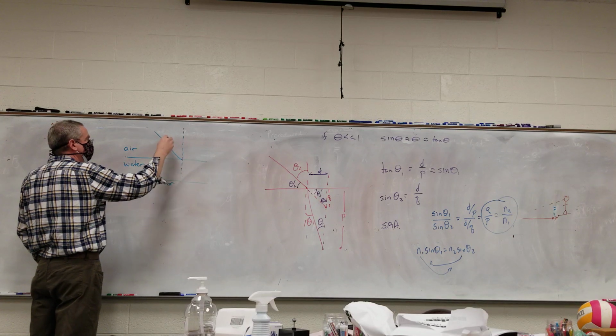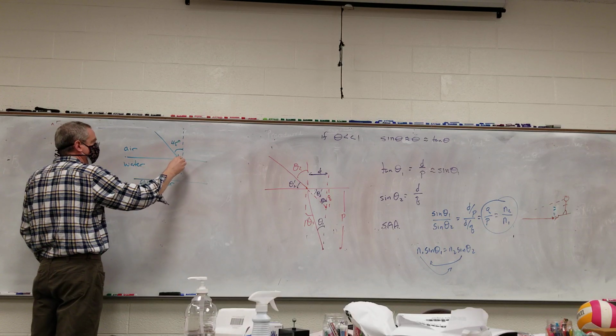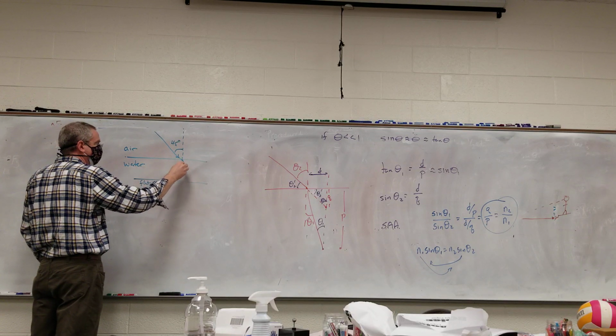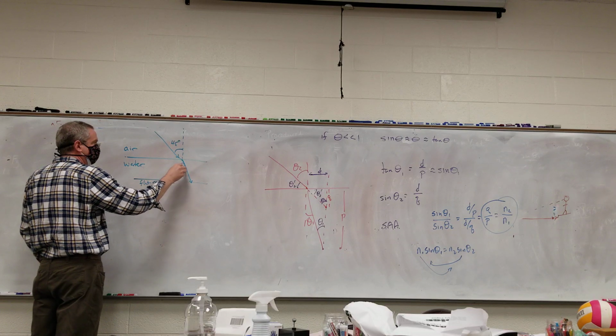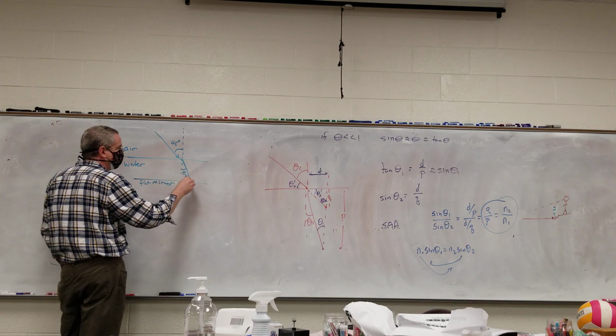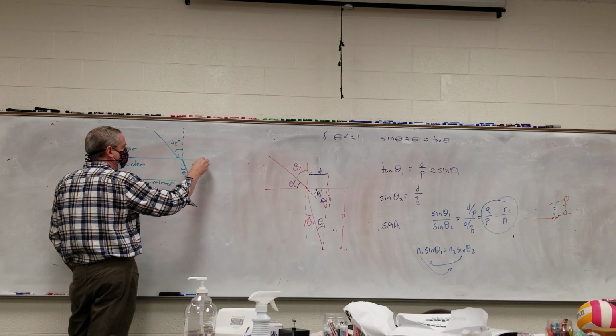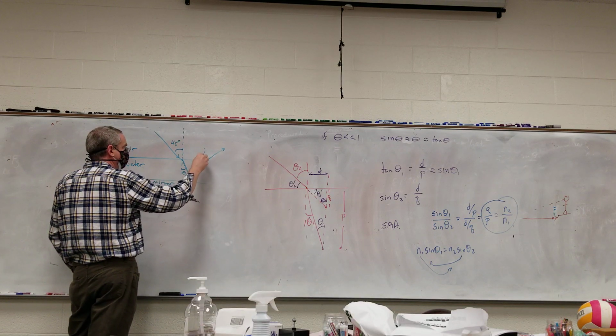So it comes in at some angle, we'll just make this 45 degrees. It hits the water. It then comes down here, so this would be some theta, it's called theta 2. It's going to hit the mirror, bounce off, hit the air, and then move off.